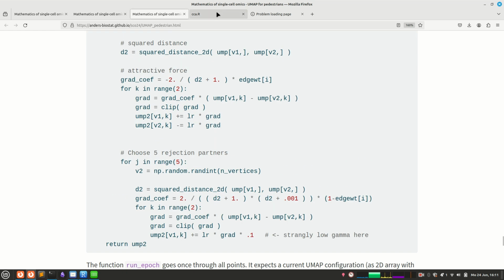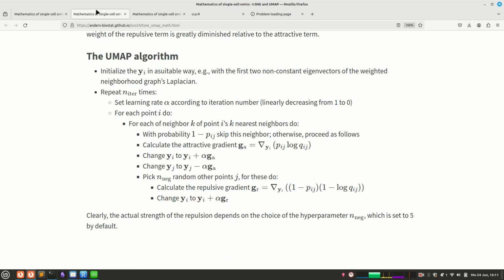One odd thing is that in this UMAP, for the repulsive gradient, you might remember that was the repulsive term of this overall force potential. The UMAP algorithm says that you might want to multiply your repulsive gradient with a factor to dampen it a bit or increase it a bit relative to the attractive one. By default, it's the factor 1, but I had to set the factor to 1/10 in order for it to work.